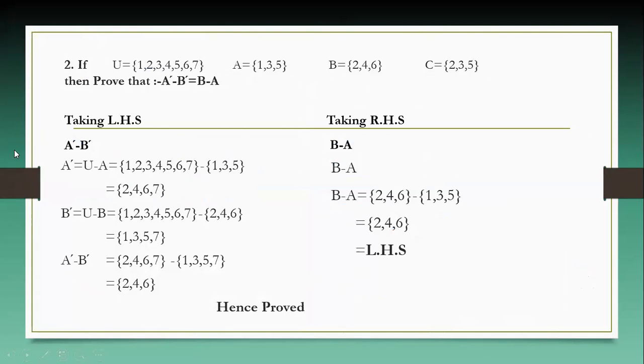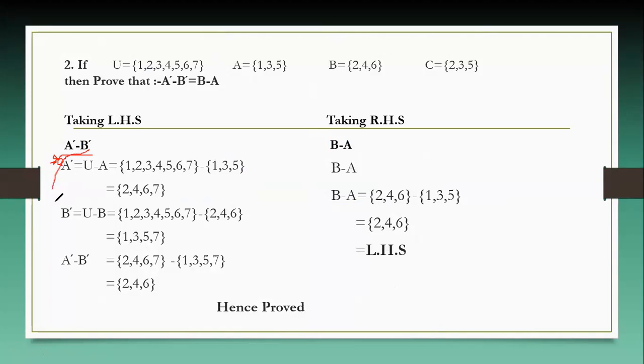Now, the prove that question is over there, my dear. Here, in the prove that question, first you have to take the left hand side and then the right hand side. From the left hand side, you can see A dash minus B dash. First, find A dash, step number 1.